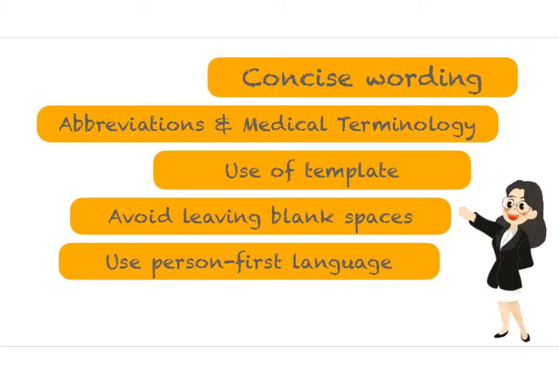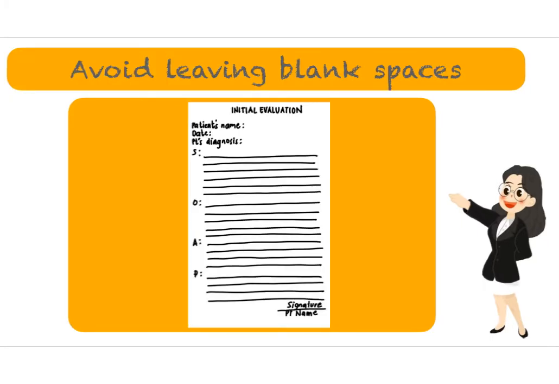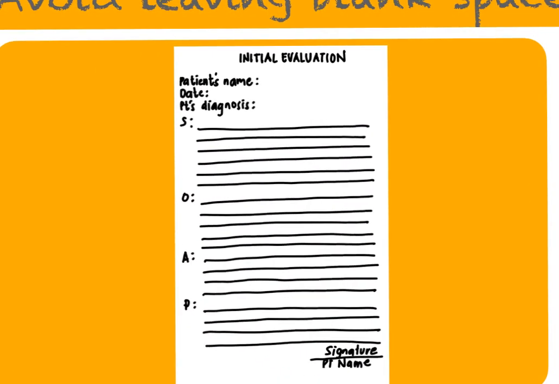Next thing that you need to remember is to avoid leaving blank spaces. If you are going to write, for instance, the subjective, you're going to write your findings, end there, and then write another. You do not discontinue the entry.